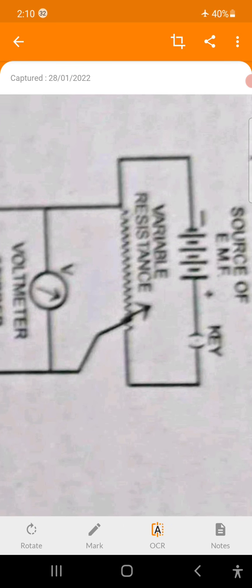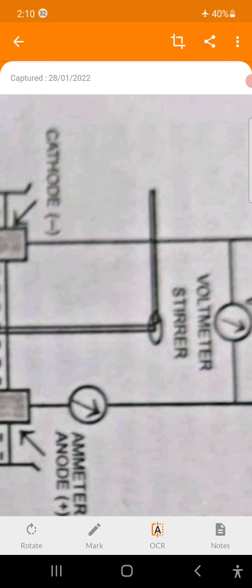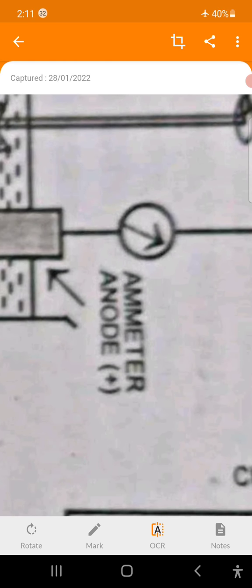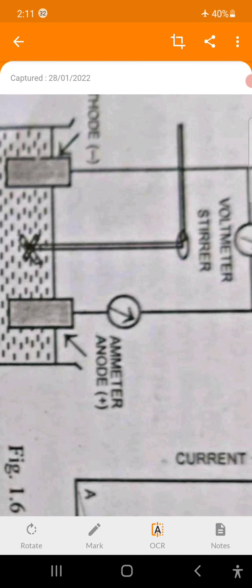An ammeter is also connected in this circuit so as to measure the current flowing through it.